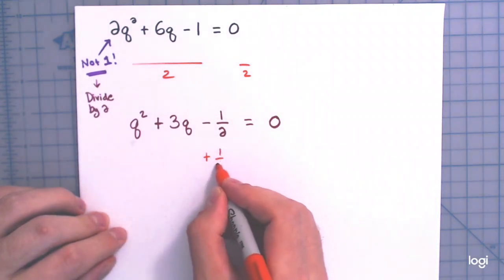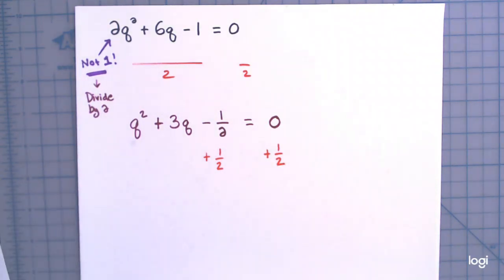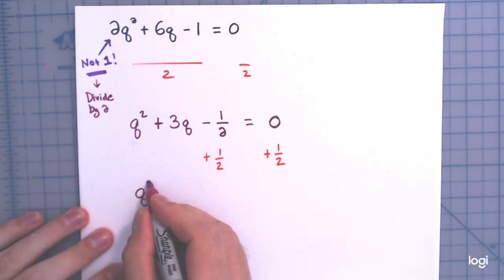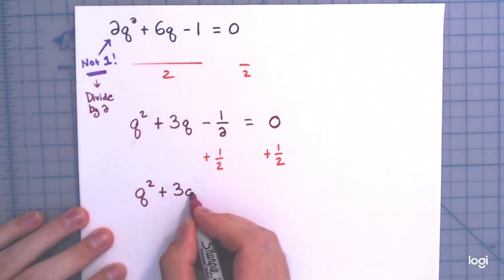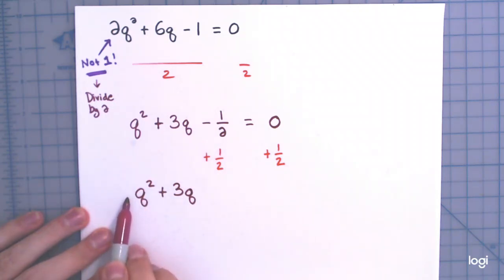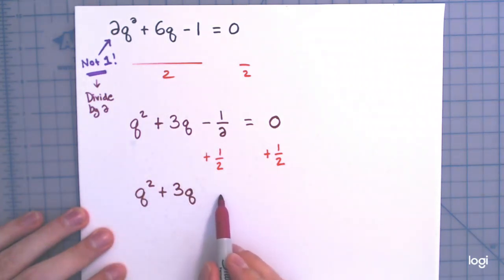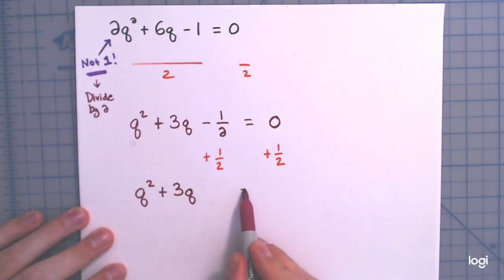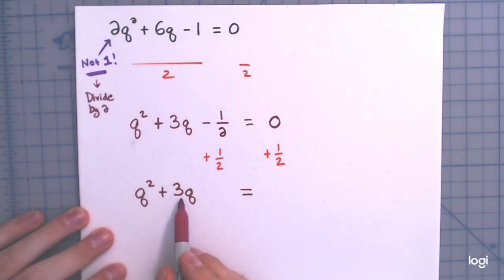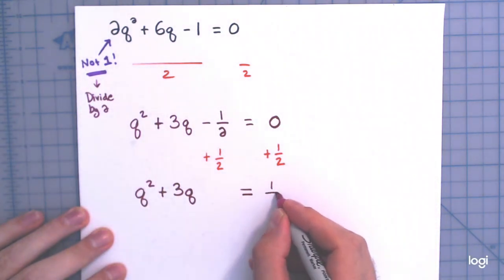So we're going to add 1/2 to both sides, leaving me with q squared plus 3q on the left. And since the lead coefficient is 1, I'm going to be able to complete the square. So I'm going to leave a little space again so we can add that new term to make a perfect square trinomial, to complete the square. So 1q squared plus 3q, space, and then the other side, 0 plus 1/2, positive 1/2.